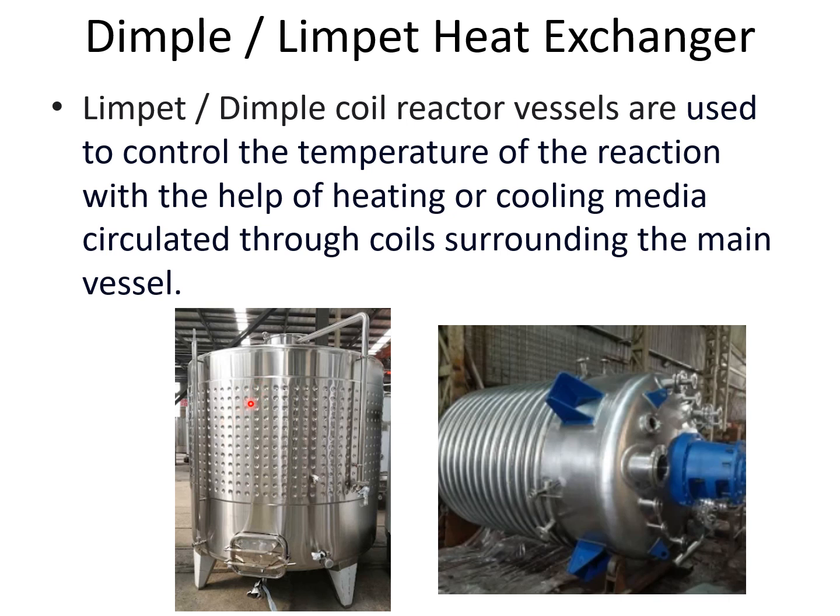This also increases the area of the heating or cooling medium. And limpet is very commonly used in reactors in the process industry. We have a rotor inside, agitators, and the reactor. So this is also a kind of heat exchanger.